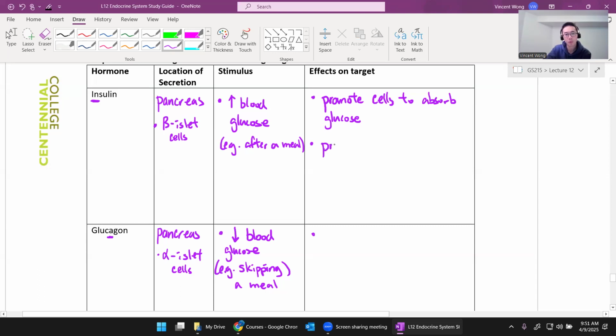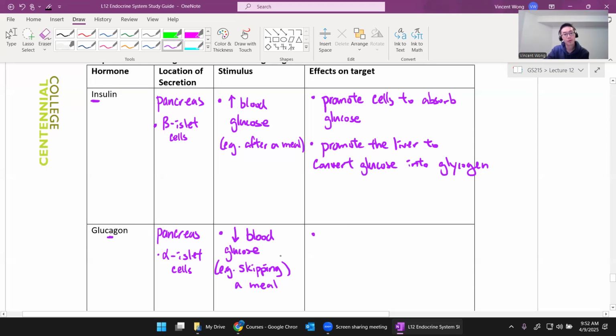It's going to promote the liver to convert glucose into glycogen. Do not confuse glycogen with glucagon. Glycogen is the storage form of glucose in liver and muscle. Glucagon is the hormone.